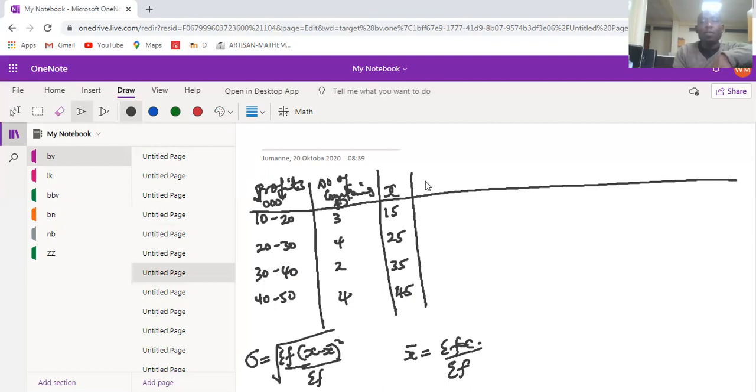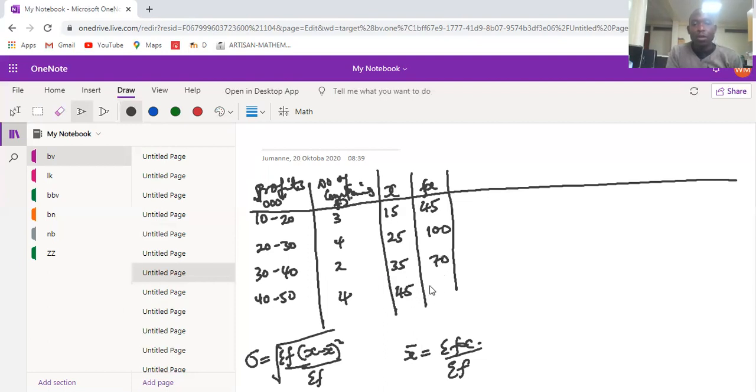Now you can have your fx. So fx is simply the f value times the x. So here it's going to be 3 times 15, which is 45 for the first class. F times x, 4 times 25, which is 100. 2 times 35, which is 70.